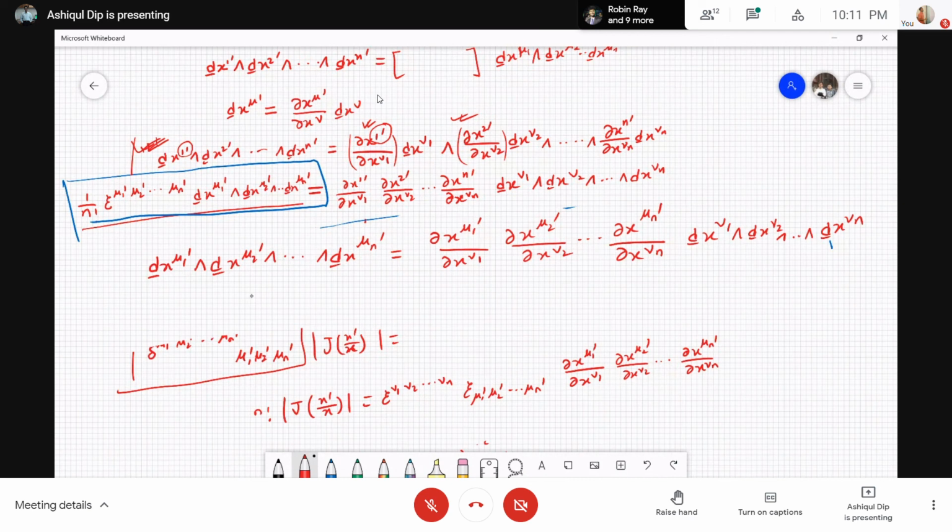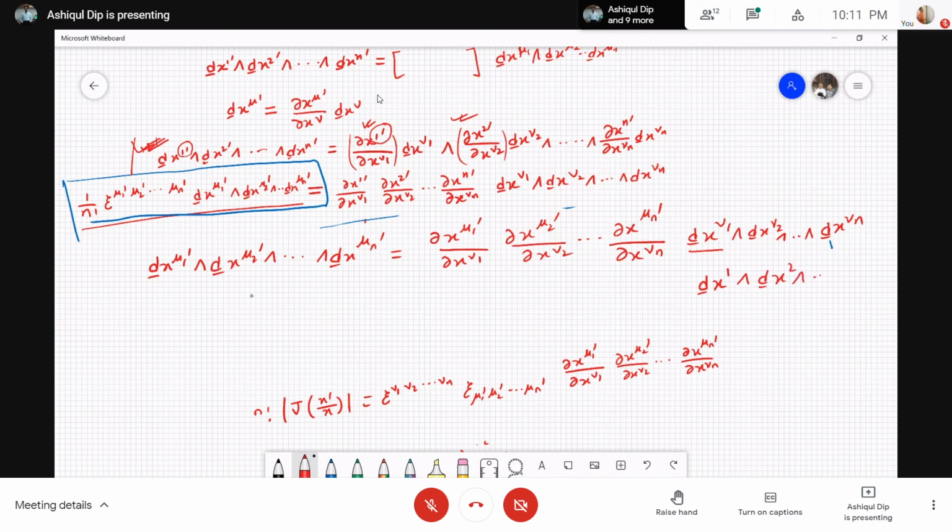To find the structure of the Jacobian, instead of writing nu 1, nu 2, nu n on the right hand side, I want to write dx 1 wedge dx 2 wedge up to dxn. That's what I want to write. What should I do? Can you tell me?